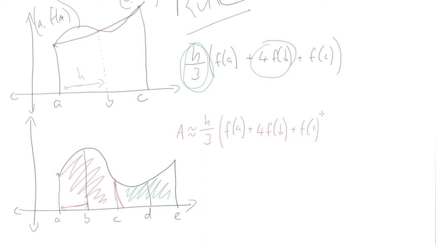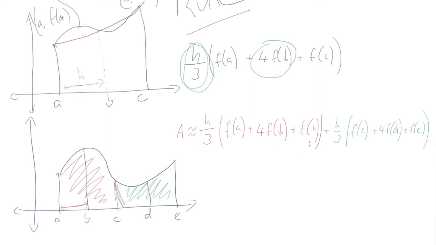Then for my green approximation, I get h on 3 again. I then get f of c is the first value here, plus 4 f of d plus f of e.